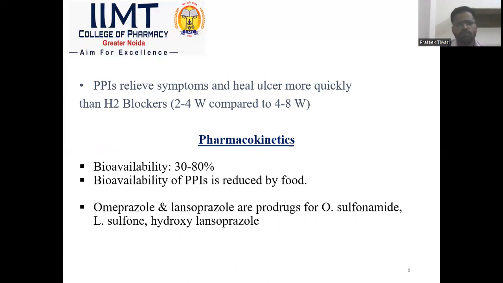Talking about the pharmacokinetics of PPIs, bioavailability is 30 to 80%, and bioavailability of PPIs is reduced by food. That's why doctors always prescribe that PPIs should be taken half an hour to 1 hour before the meal, because the drug is then highly available.